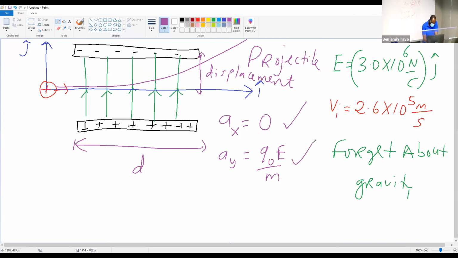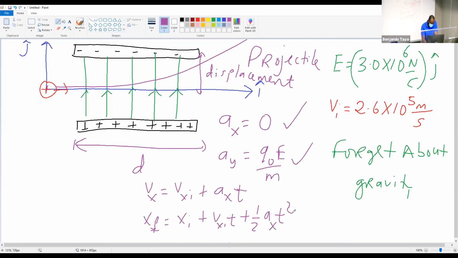and write my equations. So all the equations in the x direction will be something like Vx is equal to Vxi plus Axt. And then you have x final is equal to x initial plus Vx initial times t plus 1/2 Axt squared. So those are the motion equations in the x direction.